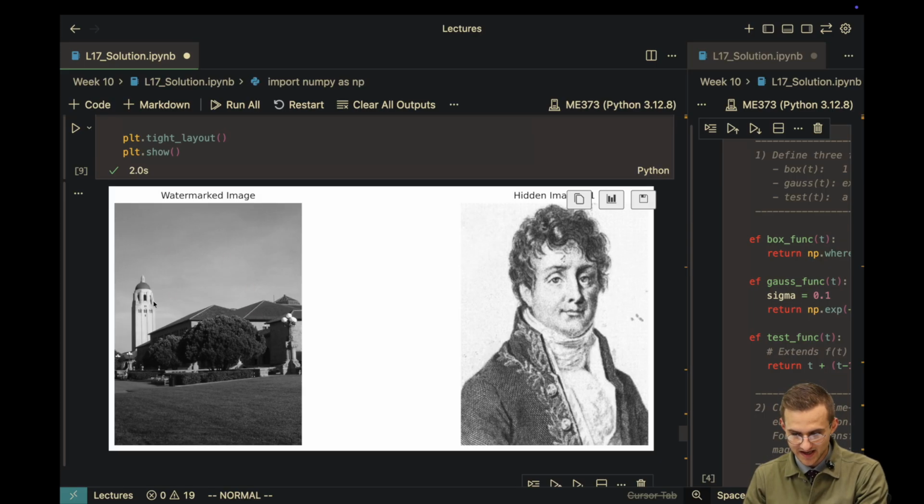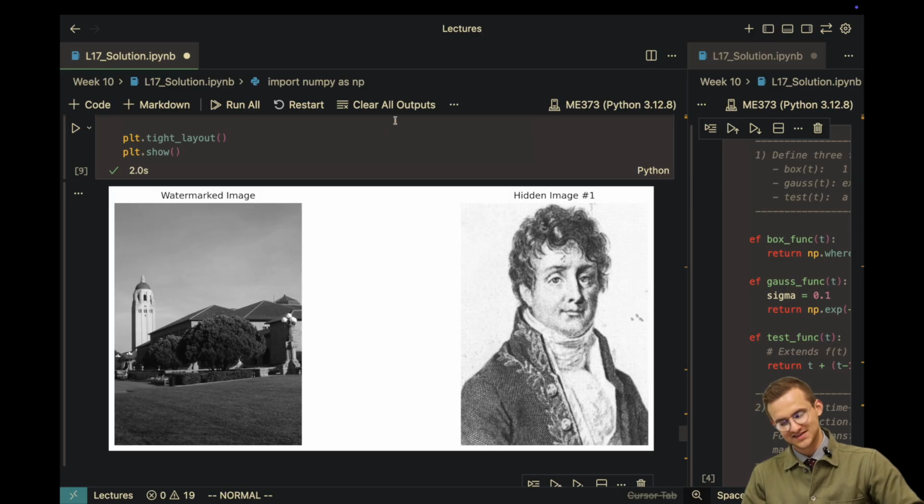So this image has a hidden watermark in it that you can't actually see in the actual image, right? But if you analyze it using Fourier transform methods in a very specific way, you could back out that there's this hidden portrait of Fourier in the image.